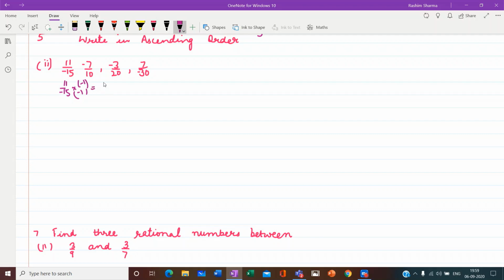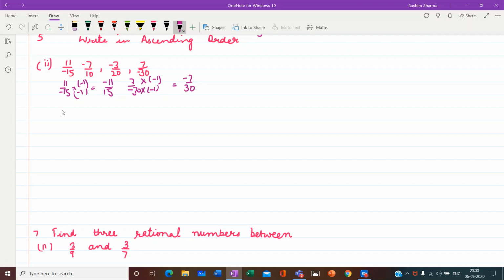So we get here minus 11 on 15. Then minus 7 on 10, already denominator positive, minus 3 on 20, already denominator positive. Then we have 7 on minus 30. So we will multiply this also with minus 1. So we get here minus 7 on 30.